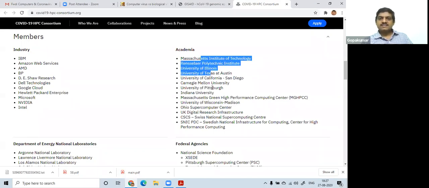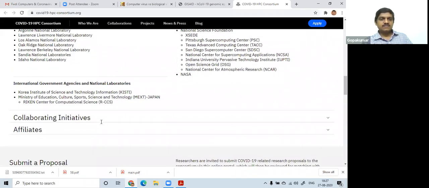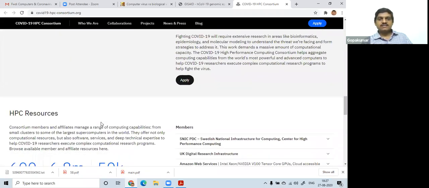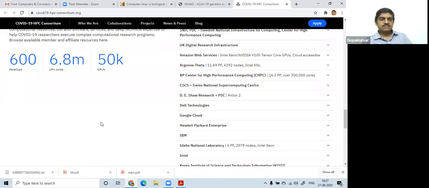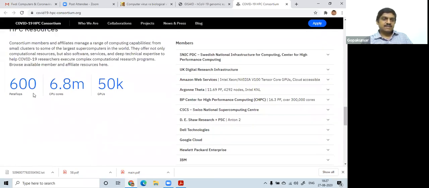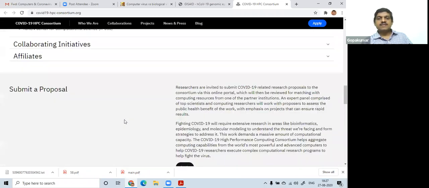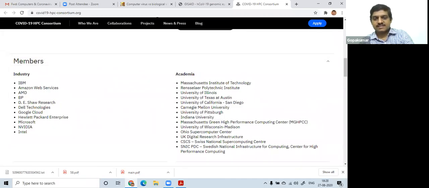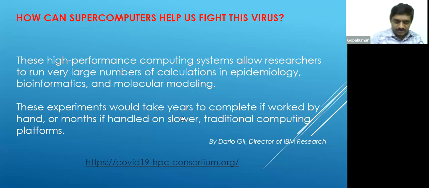You can see MIT, top universities, all involved, and collectively they try to solve it. You can see that 600 petaflops is the computational power there, with CPU cores and GPUs all combined together. So this is another interesting project.